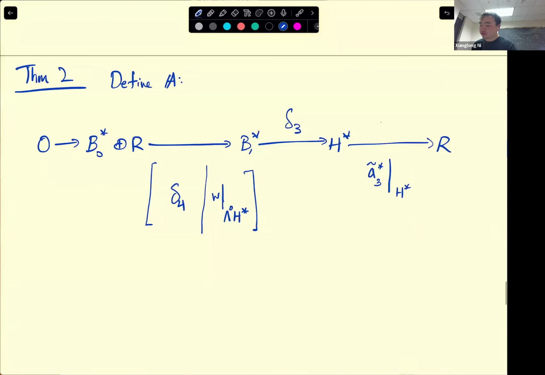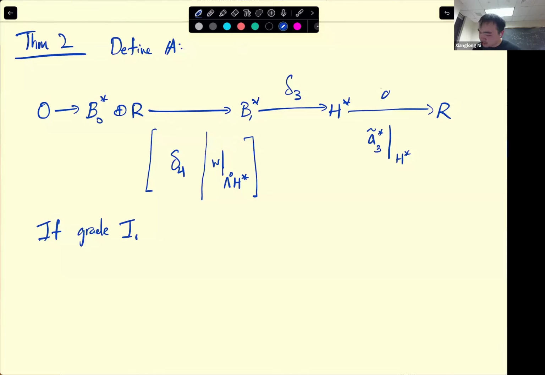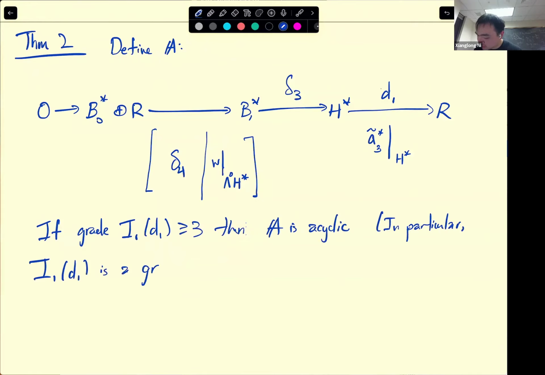Once I define this complex A, the claim is that if the grade of I1 D1 is at least 3, then A is acyclic. In particular, that means I1 D1 is a grade 3 perfect ideal.